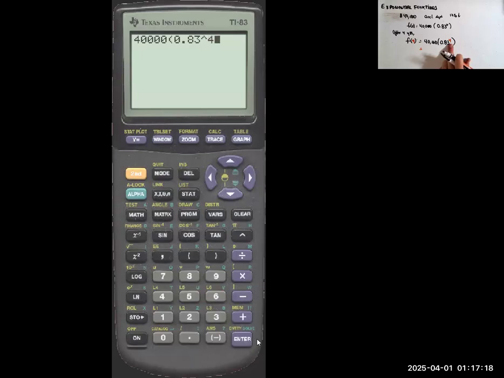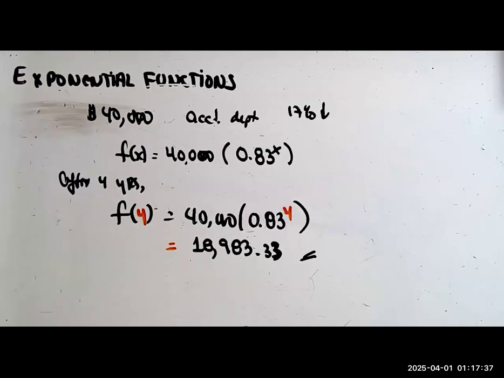After 4 years, what's the value of our computer, of our server? $18,983.33.